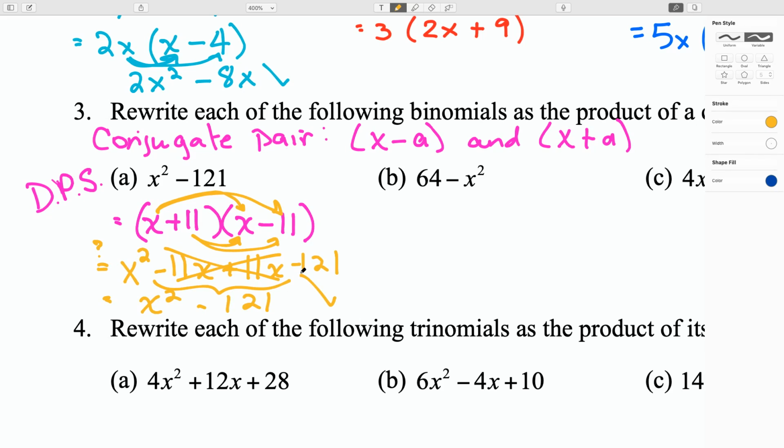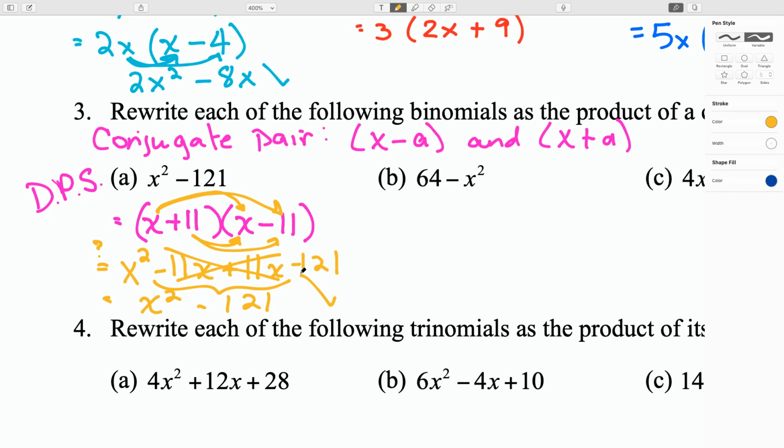And that always happens when you multiply a conjugate pair. If they weren't a conjugate pair, we would get a trinomial. But because they're a conjugate pair, the two middle terms cancel and give you 0, and you're left with a difference of perfect squares.